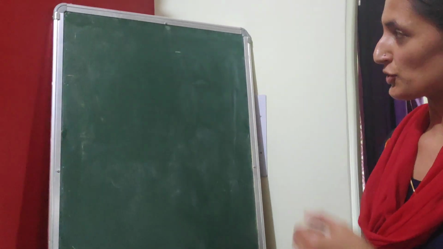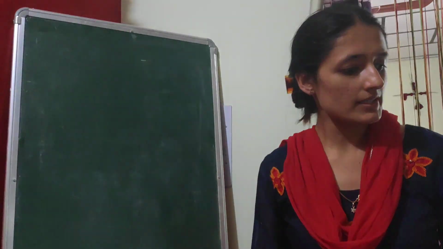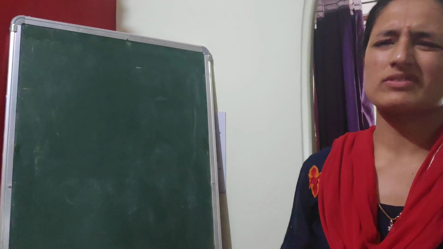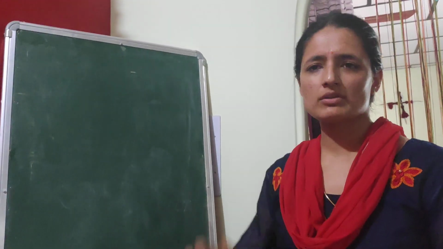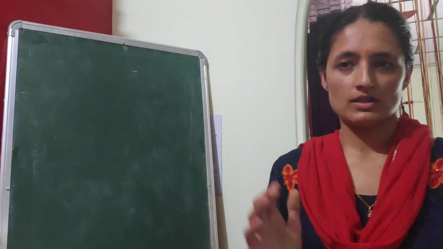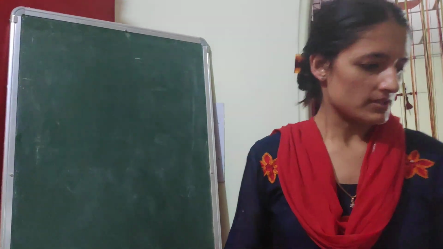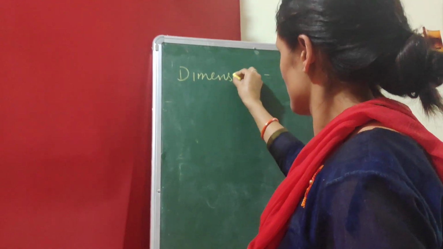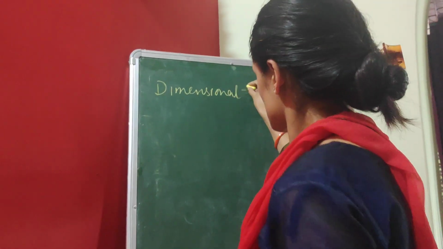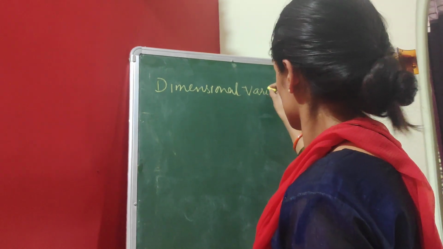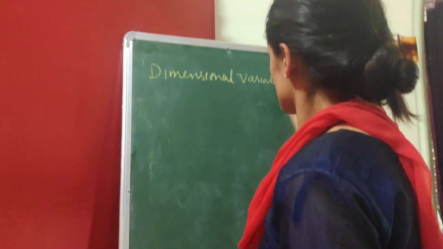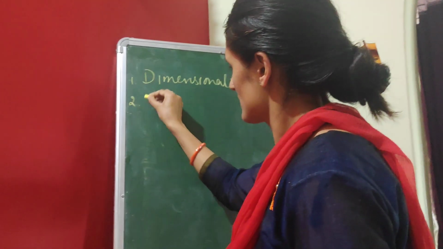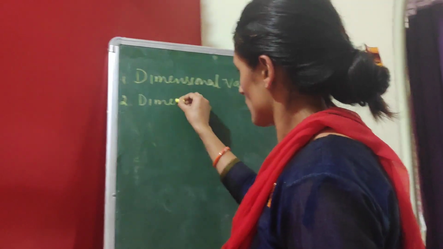Now, next topic is different types of variables and constants. That is basically a theoretical topic, but it is important. Different types of variables and constants. First is dimensional variables. Second is dimensional constants.